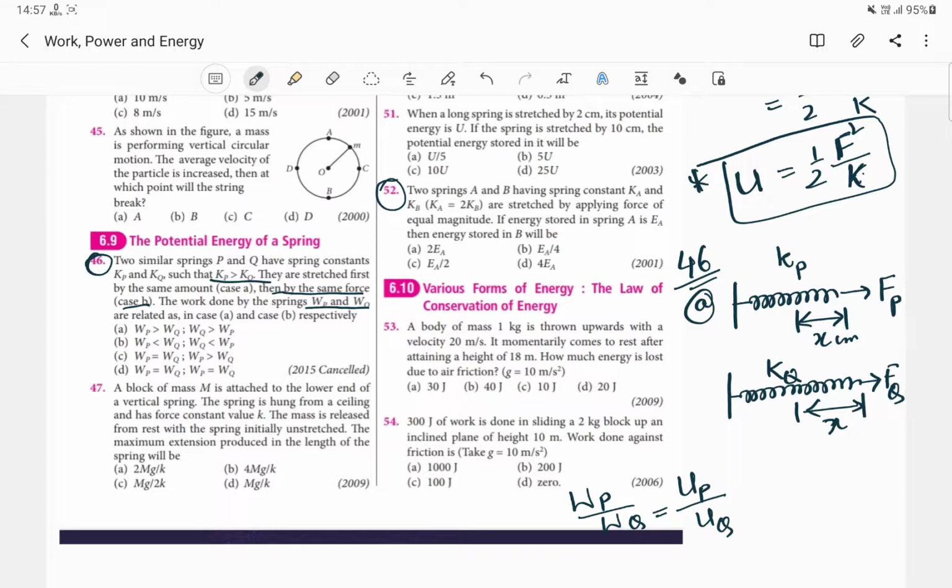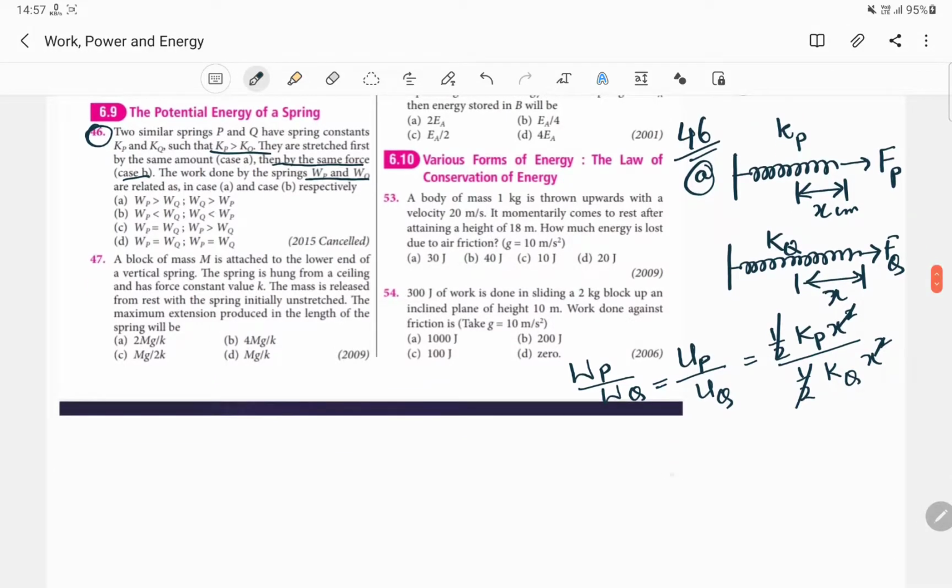So we can simply use the concept of potential energy stored in a spring, and it will be equal to half kp x square divided by half kq x square. That means the half and half, x square and x square get eliminated, and we have Wp divided by Wq equal to Kp divided by Kq.